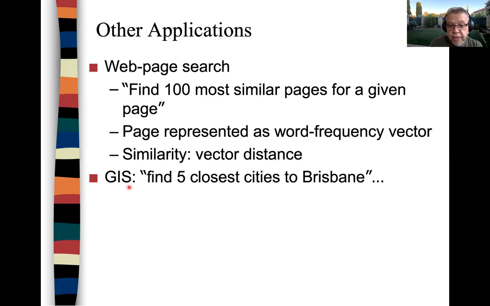Same thing for the GIS, the Geographical Information System. I need to find the 5 closest cities to the city of Brisbane, which is a city in Australia. Okay, so same thing, 5 nearest neighbors in this case.